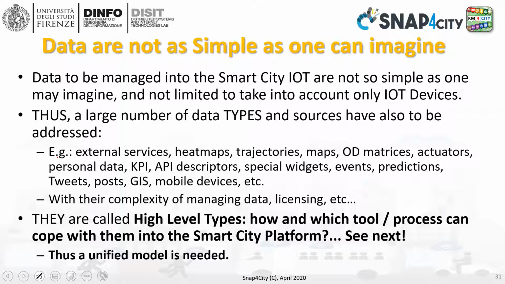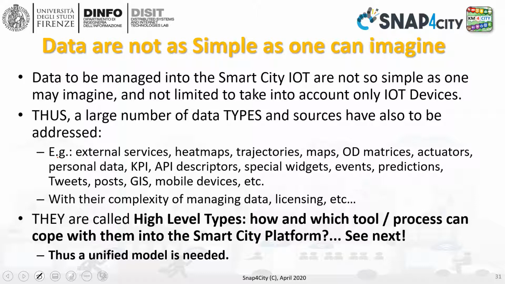Thinking that the data arriving in the platform are only those that may arrive through a broker is a wrong hypothesis, because you may receive data from external services, from heat maps, trajectories, maps, origin-destination matrices, actuators, personal data, KPIs, API descriptions, special widgets, events, predictions. So you have a really large set of heterogeneous data, and you need licensing to manage all of them.